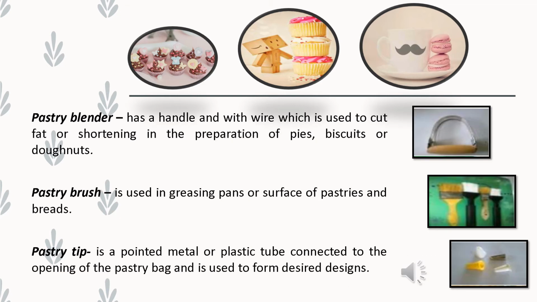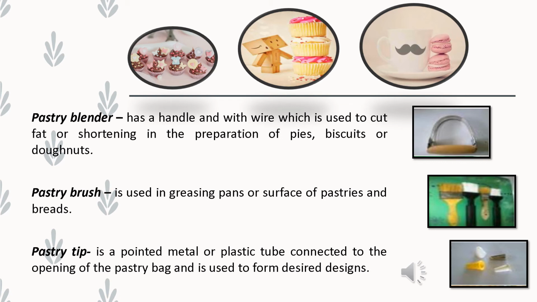Pastry blender has a handle and wire, which is used to cut fat or shortening in the preparation of pies, biscuits, or donuts. Pastry brush is used in greasing pans or surface of pastries and breads.